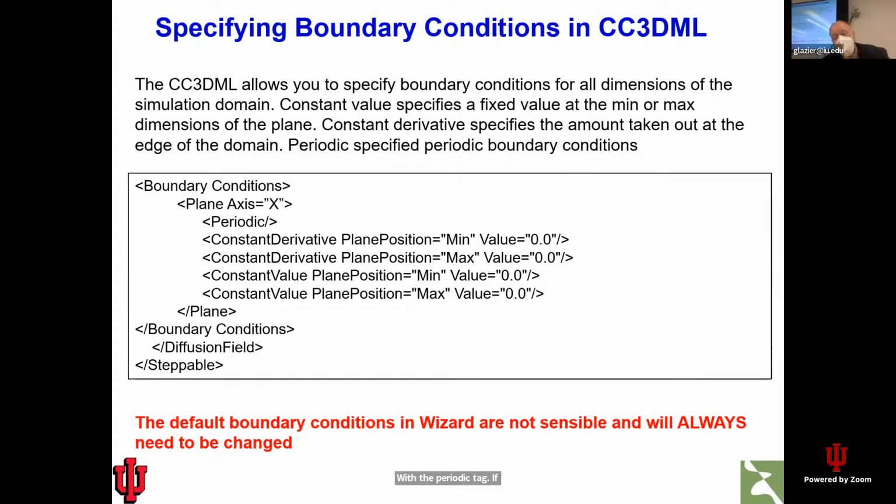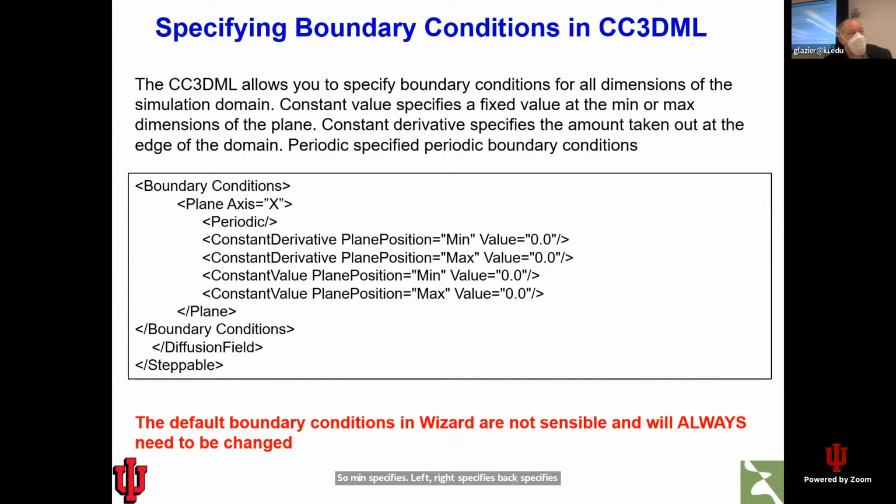If you say periodic, then by definition, that applies to both the left and the right-hand side. You can't have it periodic on the left and not on the right. So that one, you only have one option. But for constant derivative or constant value, you have the option of being independently specified on the left and the right. So min specifies left, max specifies right.